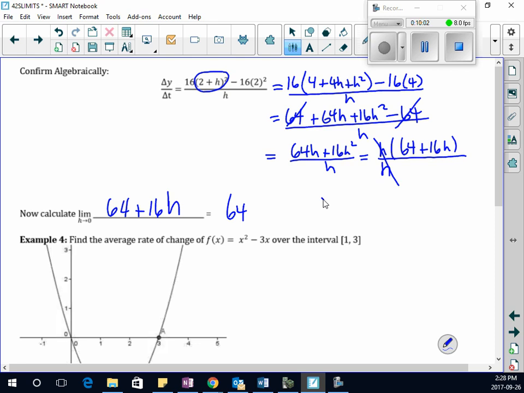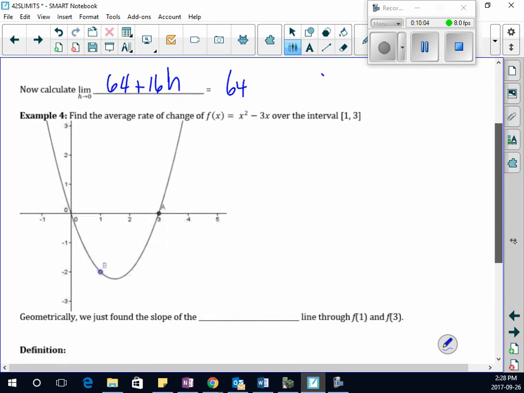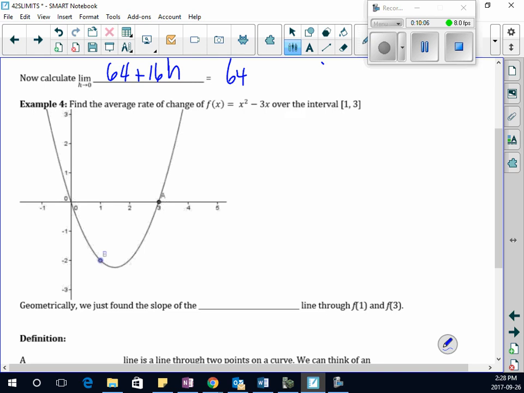Okay. So now we're going to do what's called the average rate of change for f of x equals x squared minus 3x over the interval 1, 3. Does everybody see that 1, 3 is not a coordinate? It's an interval from 1 to 3.